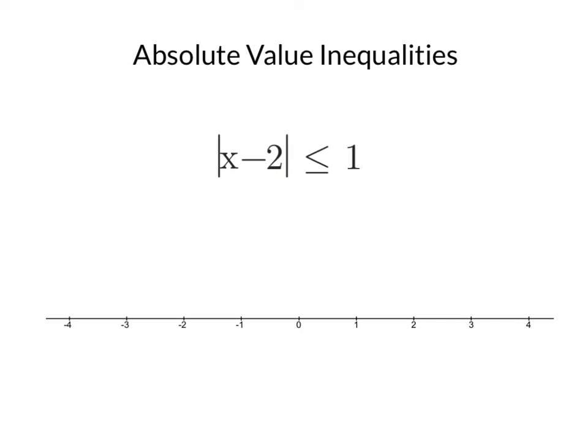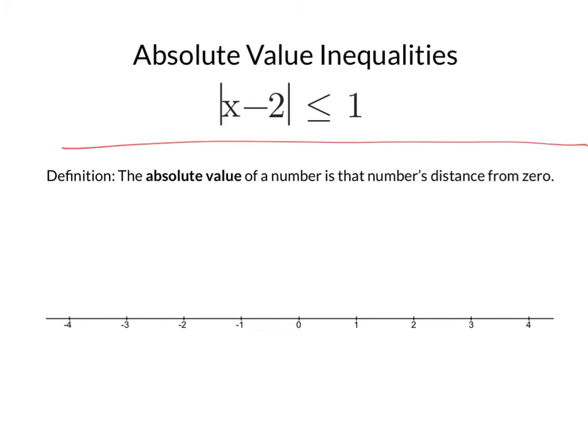So first, let's really dig into what does absolute value mean. The definition of absolute value is that the absolute value of a number is that number's distance from 0. So for example, the absolute value of 3 is 3 because 3 is 3 units from 0.